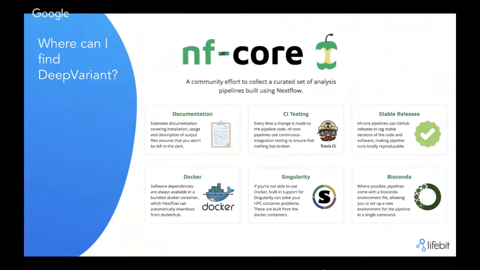And again, with the stable releases, all of the changes can be thoroughly tested before they're released. There's also support not only for Docker and Singularity for the software dependencies, but also Bioconda. There are loads of packages available, and that can be really useful for installing almost any software dependency.